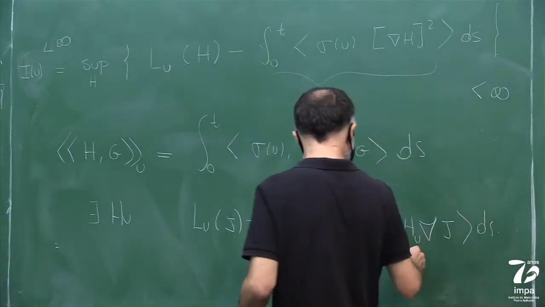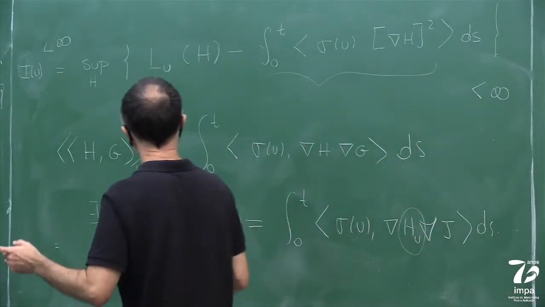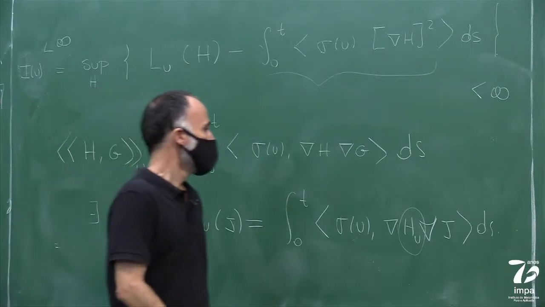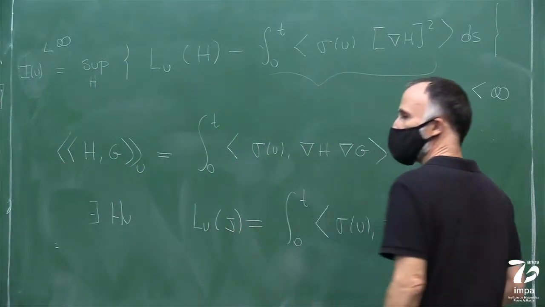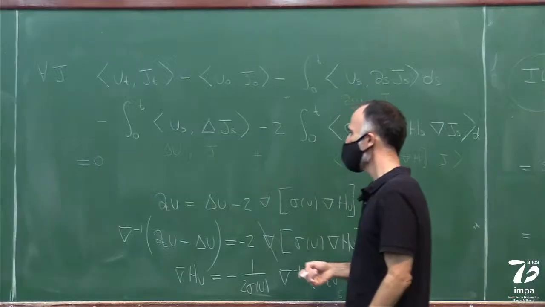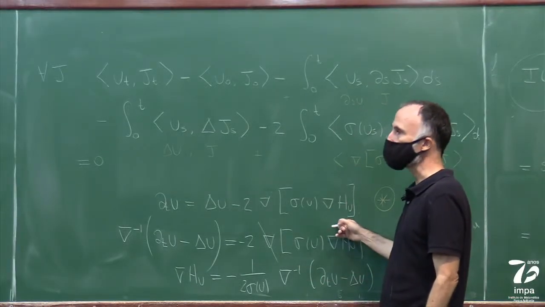And so I just proved to you that for any u, without any hypothesis on u, there exists an h in some Sobolev space which satisfies this identity. And this identity is exactly the one which tells you that h solves this equation.